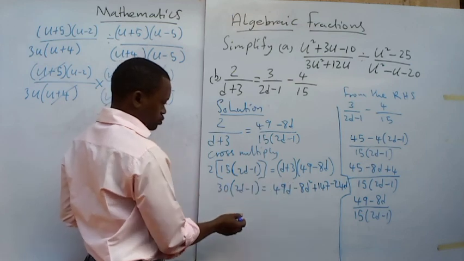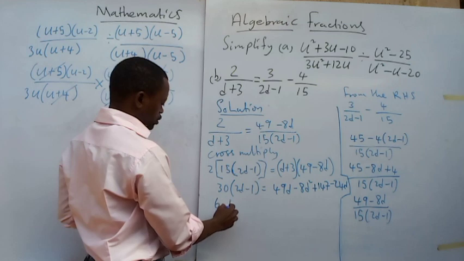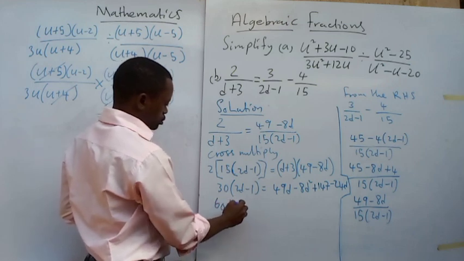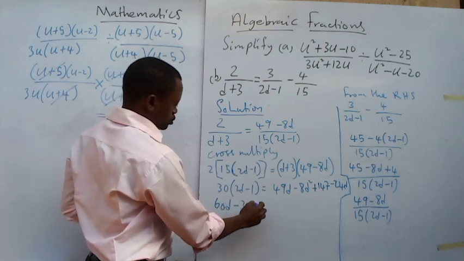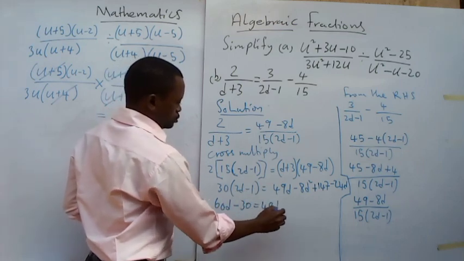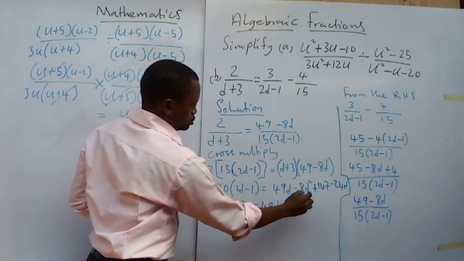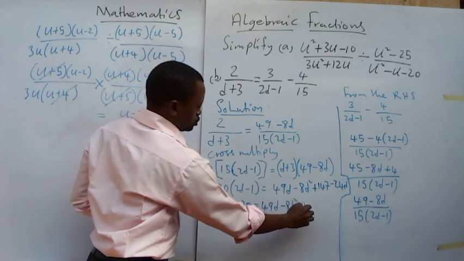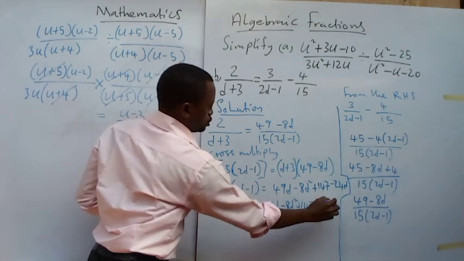So it's already resulting to a quadratic equation. Anyway, this is 60d minus 30, then equals to 49d minus 8d squared, then plus 147, then minus 24d.